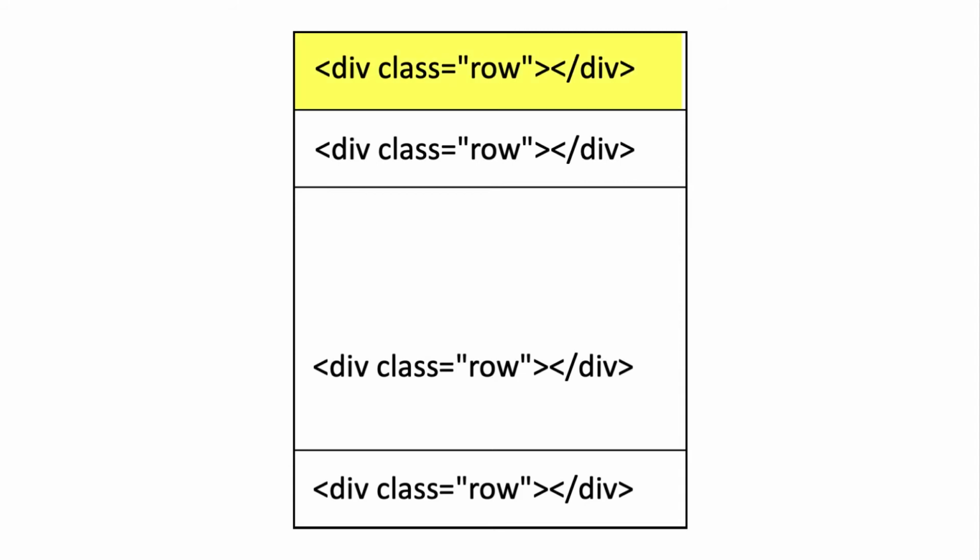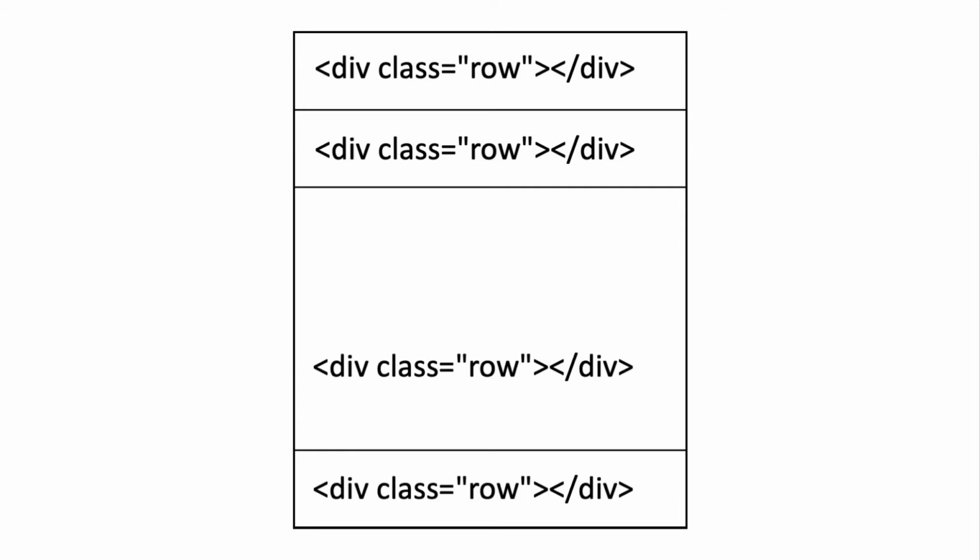So in this case, the top row is the header, the second row is that tagline below it, the third row has the two columns of the text and the image, and the last row is the footer. And again, we use div tags, but in this case, the class is row, and we're remembering to put the end div tag at the end of that row.